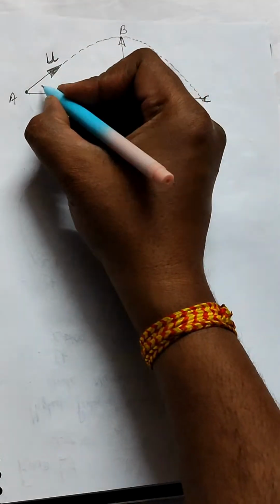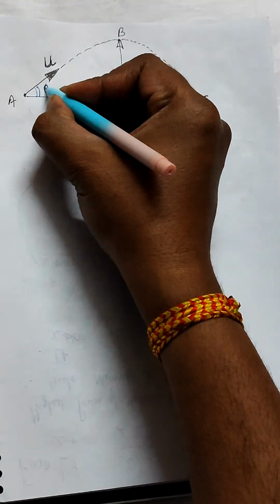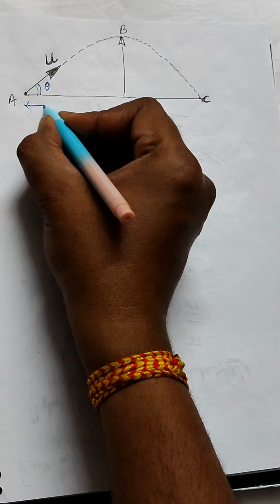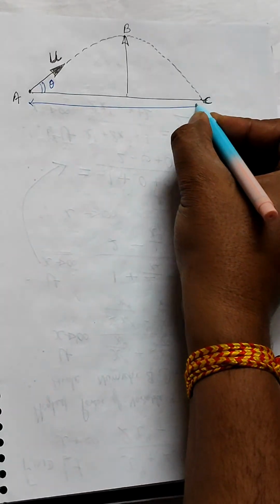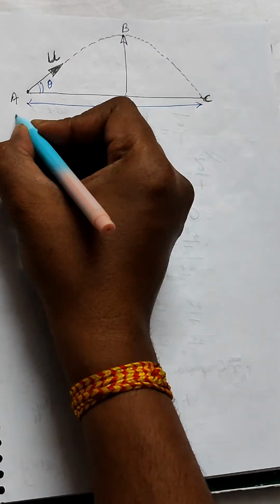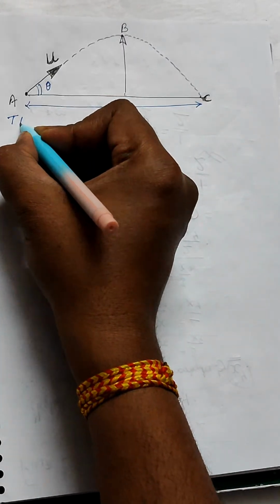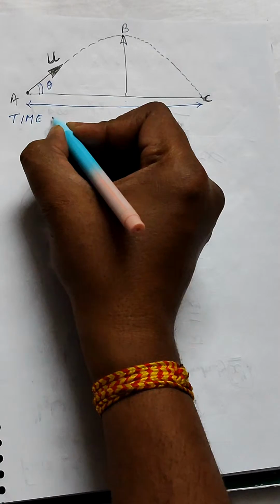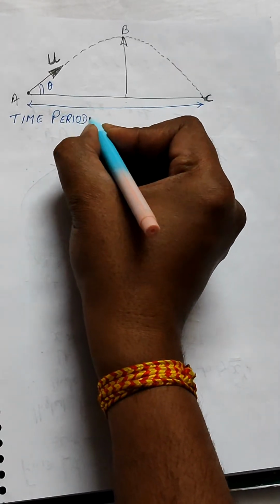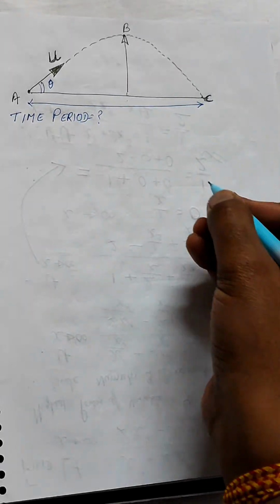So for this projectile, if it is fired at an angle theta from the horizontal, then what is the time period of this projectile?